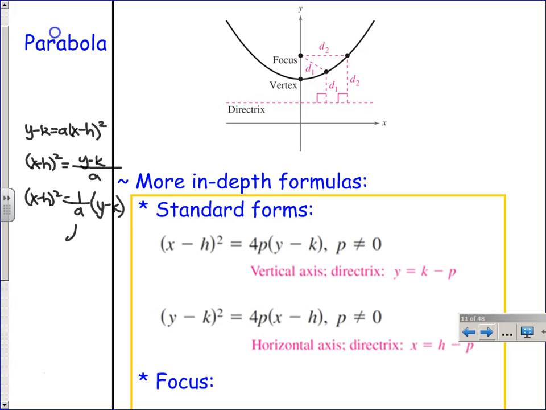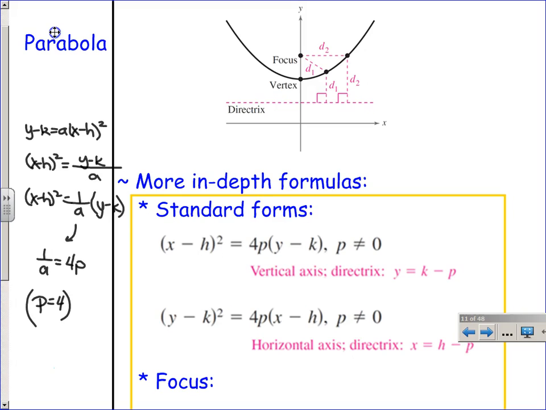But then you would have to take that 1 over a and say, hey, you're supposed to be this 4p. So then p is always going to end up equaling 1 over 4a, which is a relationship you could totally memorize, except the problem is it just gives you something extra to memorize, and that's not always so fun. So maybe it's easier just to realize we're going to have to do some work to figure out this p, and we're going to work on that tomorrow.